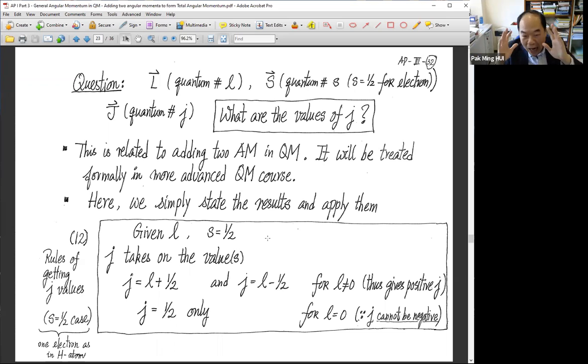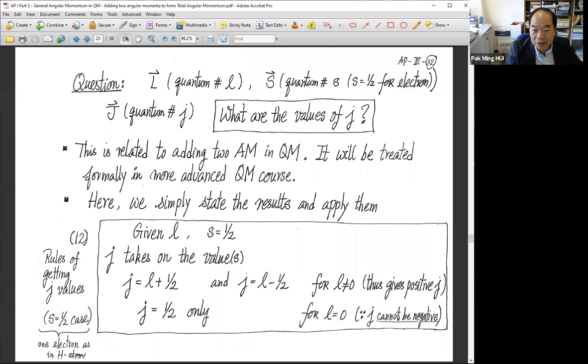For the moment, we only know hydrogen. Let's restrict ourselves to the case of hydrogen's electron for the moment, okay? At least for the next 5 pages. Then we will talk about how to add 2 spin half. So the question is, we have orbital angular momentum, which is a vector now characterized by the quantum number L. We have spin characterized by quantum number S, but if we are talking about 1 electron, it's always this boring half, okay?